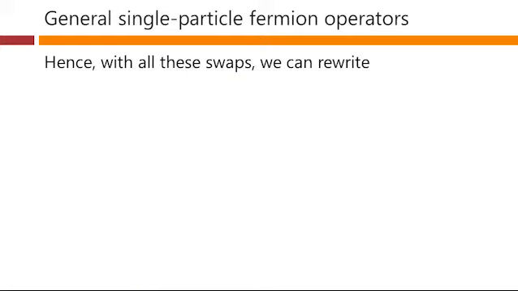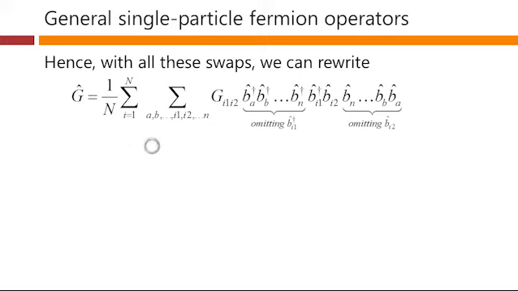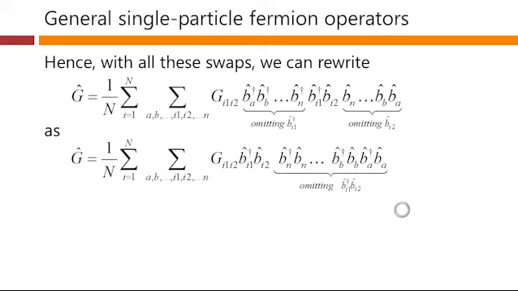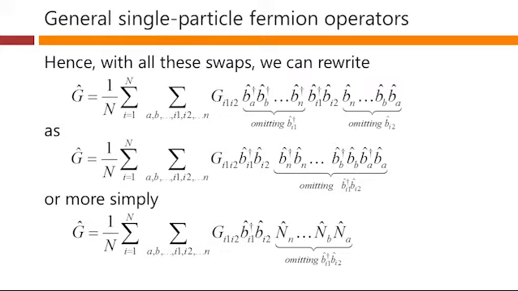Hence, with all these swaps, we can rewrite this expression for our operator as this one here, where we've managed to move all these operators, group them side by side over here, except for these two, which we haven't moved. Or more simply, we can just note that these are the number operators for each of these possible states here.